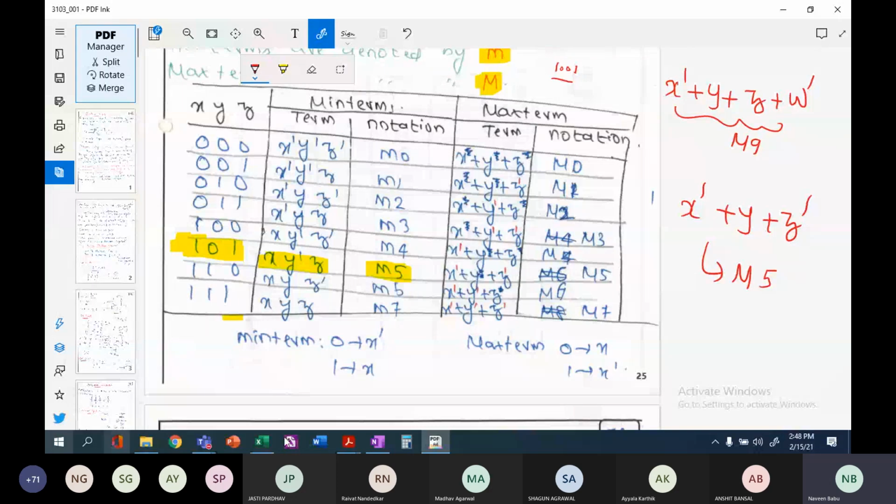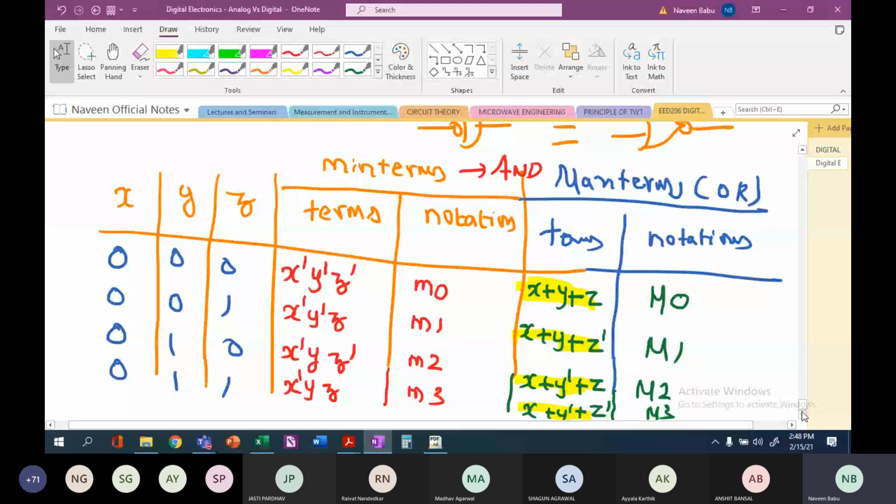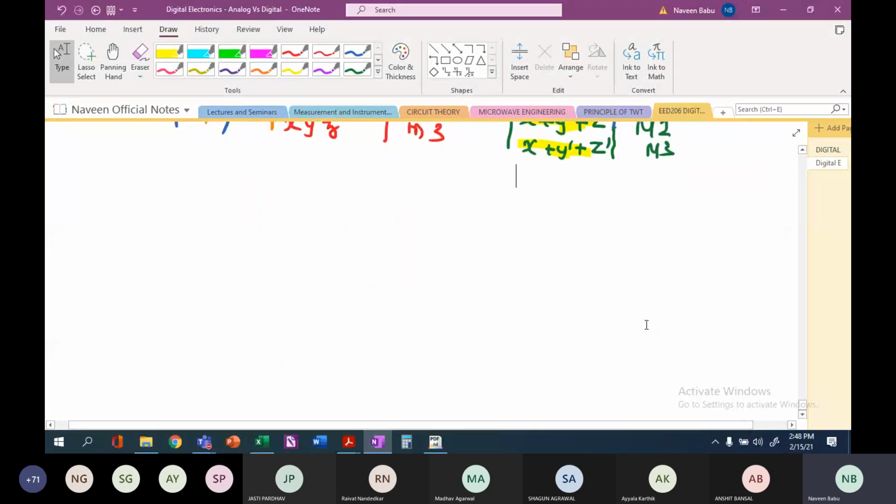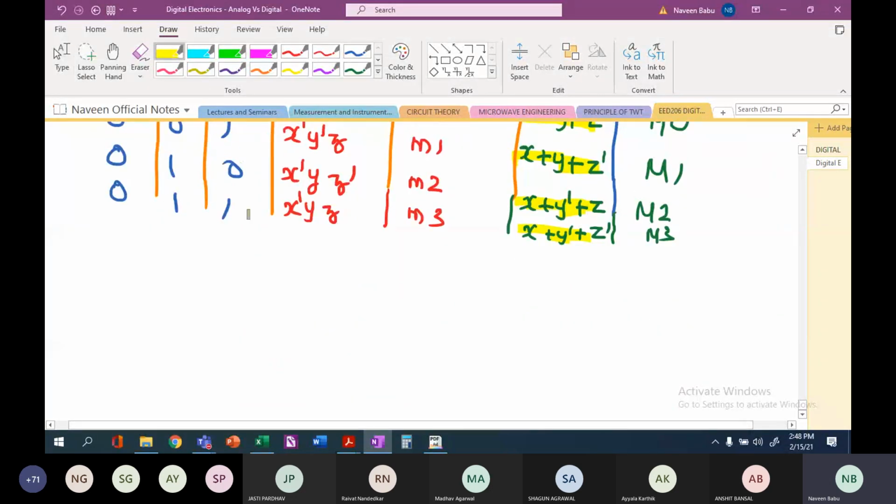Okay. And how do you convert a min term to a max term? Min term to max term conversion is fairly simple because you just have to apply De Morgan's law. Let's take this and this. How do you convert this min term to this max term? X bar, y and z.